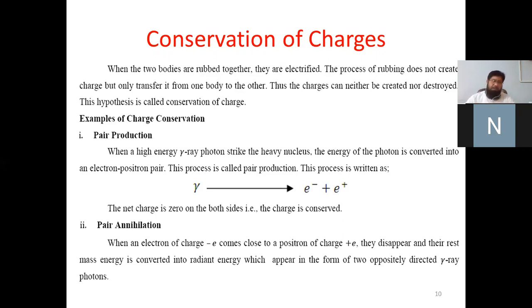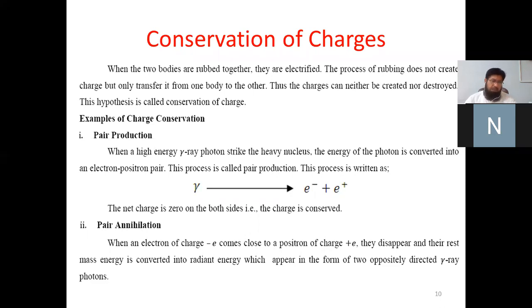So here, one example of the conservation of charge is pair production. What is pair production? In pair production, the high energy gamma ray can break into two particles, one of which is an electron and the other a positron.